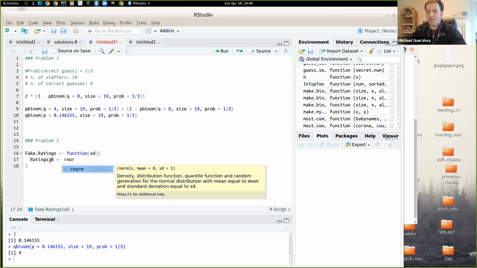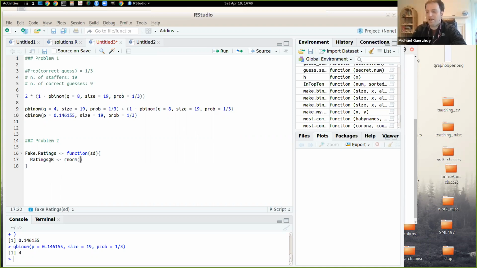We know that we have 19 ratings, so n equals 19, and we'll say mean is equal to 5.1. That's what we computed. And SD is equal to SD. We kind of assume that it would be like 1.5 or something like this, but we'll want to see the effect of changing that.